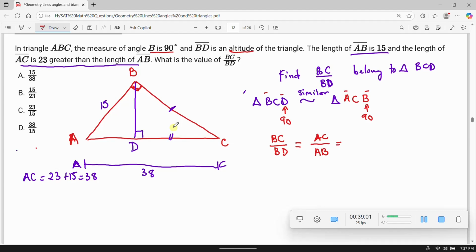So AC, we know AC is 38. And we know AB is 15. So the answer is 38 over 15.